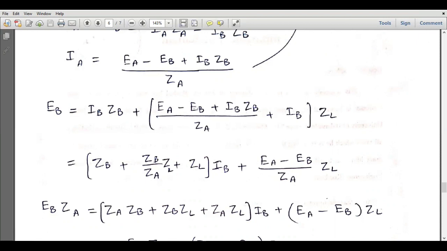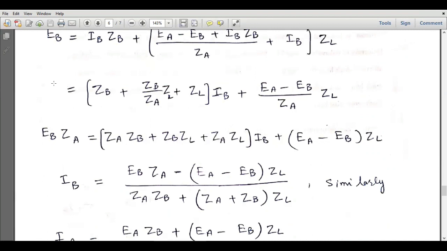All other terms, EA minus EB divided by ZA times ZL, will be written separately over here. Now we will multiply this whole expression with ZA, so it will become EB ZA equal to ZA ZB plus ZB ZL plus ZA ZL times IB plus EA minus EB times ZL.